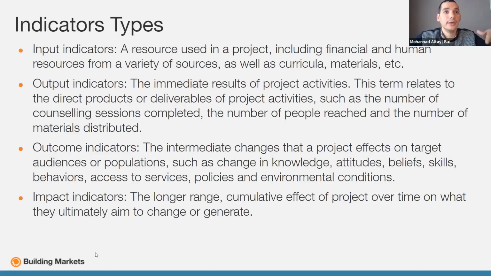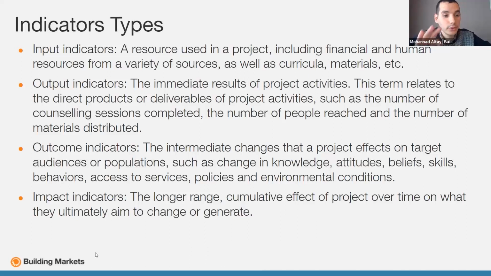It does not indicate that the training was helpful, that people learned from it, or gained new knowledge. An output indicator does not indicate this. It refers to the immediate result, what happened right after we spent our resources, after we had our inputs.